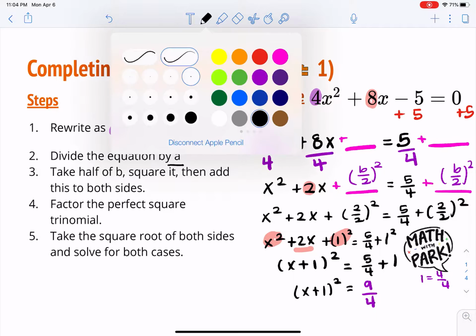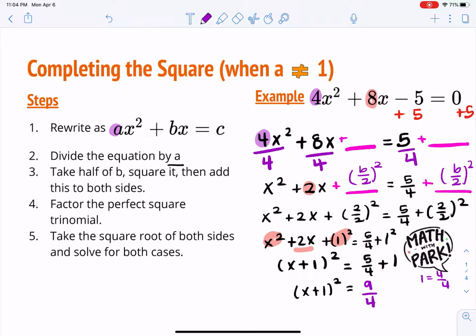Now to solve this equation, we need to take the square root of both sides of the equation to get x. So what we notice now is that it would be x plus 1 equals positive or negative square root of 9 over 4.